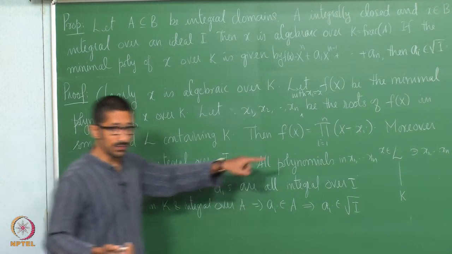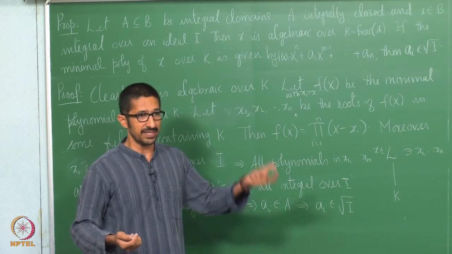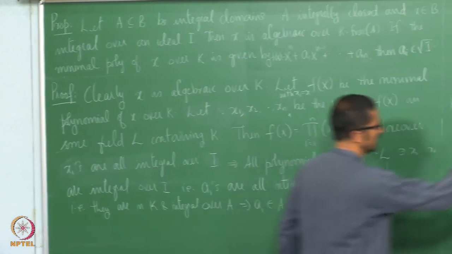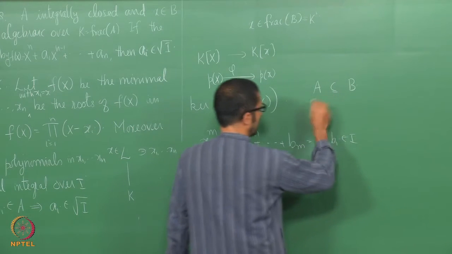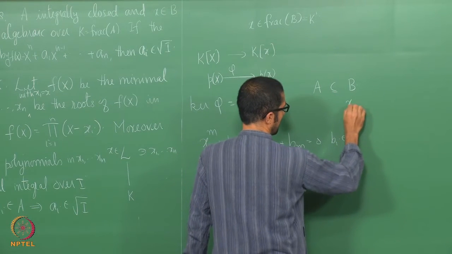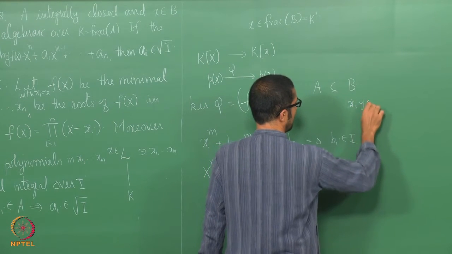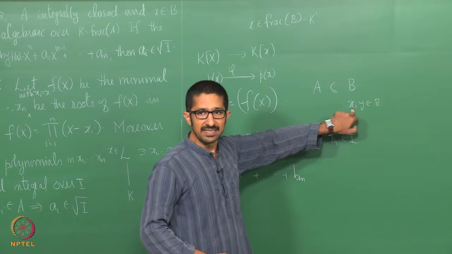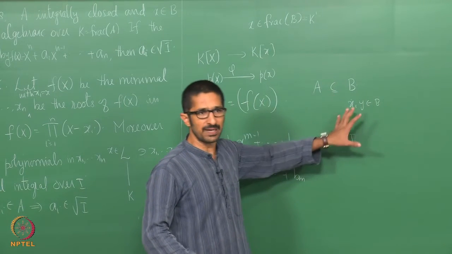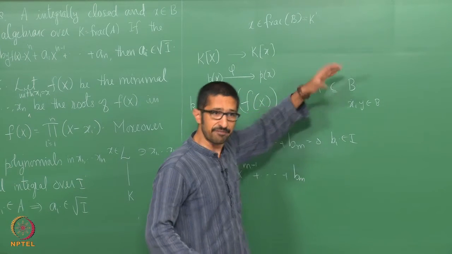Okay. Now, what did we prove in our earlier theorem? If I have an extension A contained in B, and if I take x, y in B which are integral over I, then x plus y and x y, all the integral elements here over an ideal I, form an ideal.